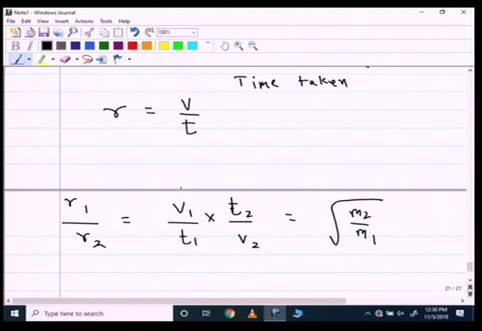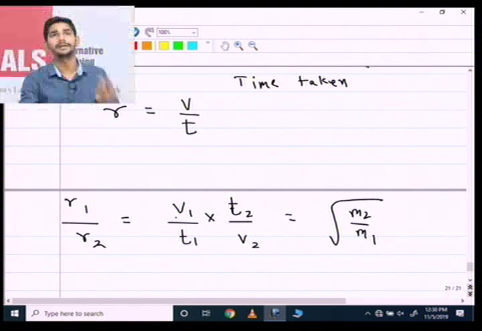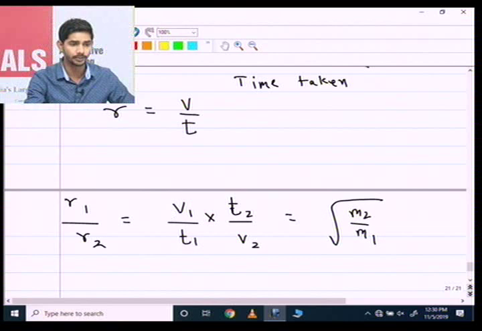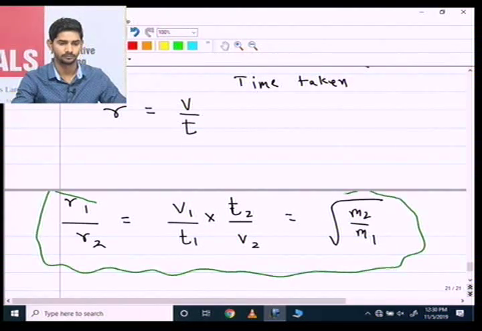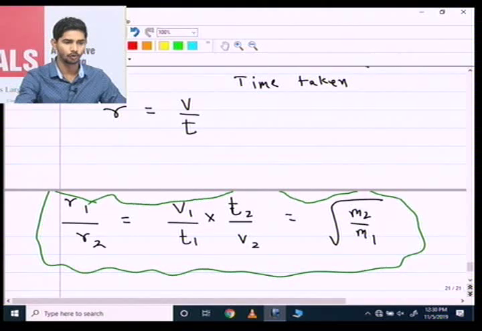So ultimately, we have got two new terms in spite of rates. In the previous questions, we were determining the rates. In the next questions, we might have to determine the time or the volume. So this is the formula. Copy.